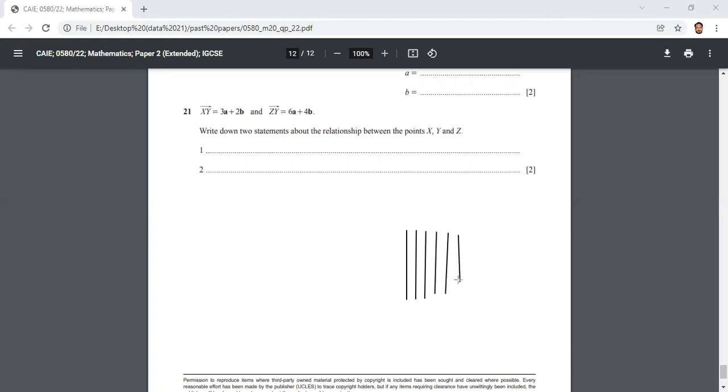In other words, I need a grid, for example like this. So 1, 2, 3, 4, 5. Along the x-axis we need 6. One more.